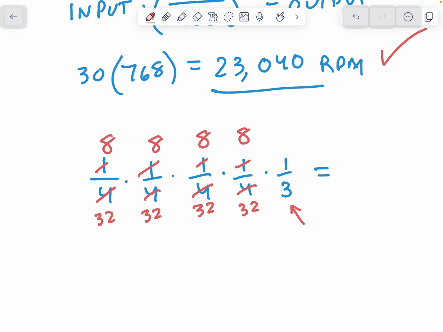Now here, 1 to 3, we can do any combinations. If we made this 8, this would need to be 24, because that would give us 1 to 3. But we don't have to choose that. We could have chosen 10 and 30, or 9 and 27.